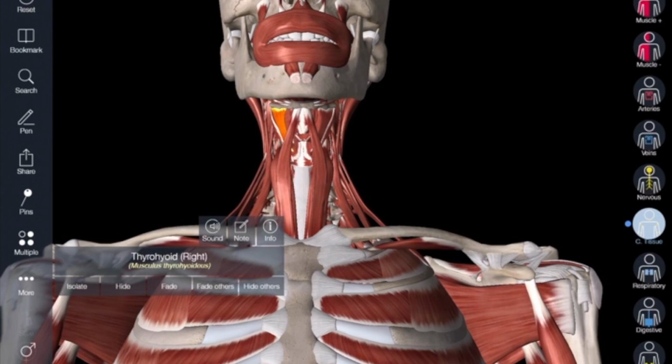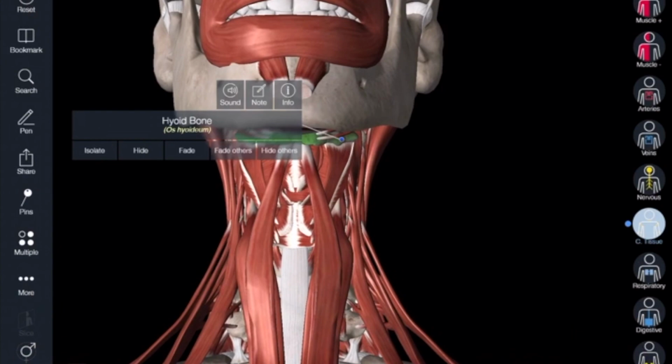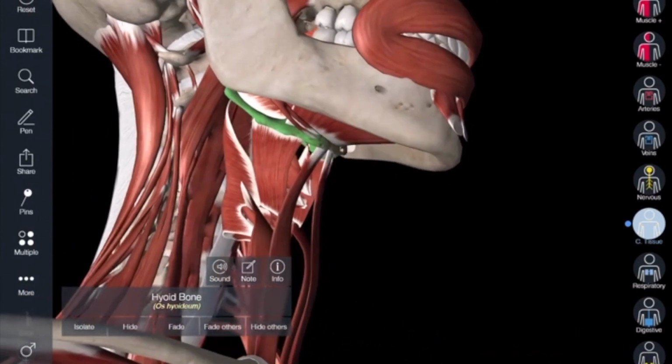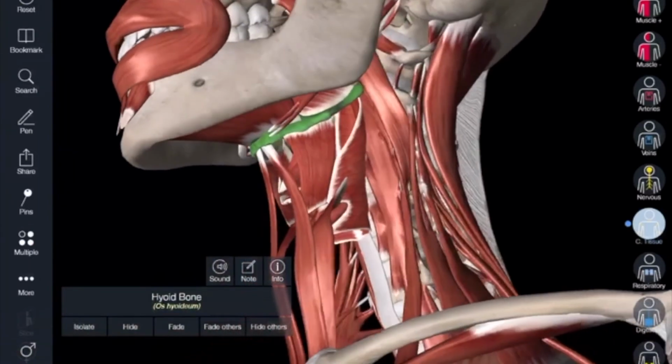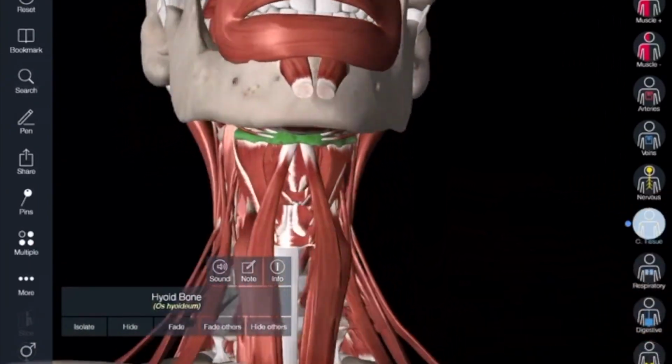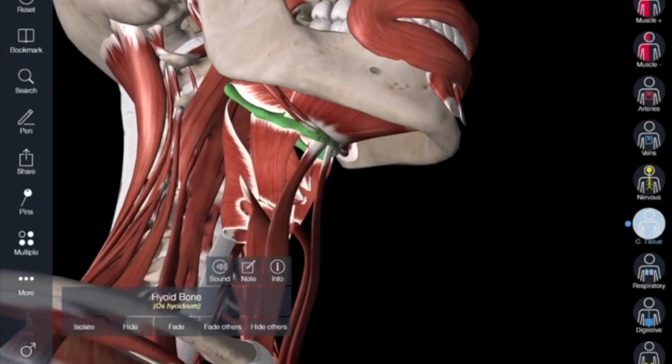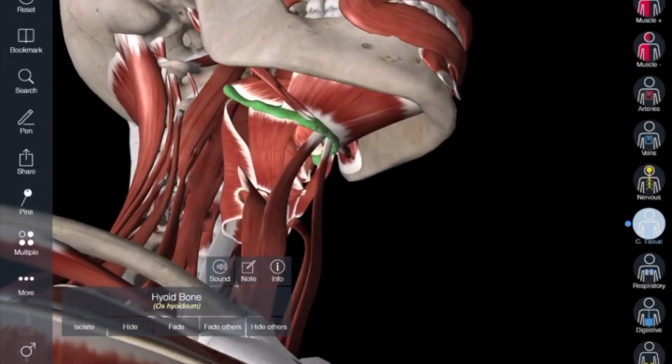The hyoids stabilize the hyoid bone, and the hyoid bone is right there. It does not articulate with any part of the skeleton, and therefore it needs that stabilization because the base of the tongue attaches to it. So let's see, what else about the hyoids? The suprahyoids stabilize the hyoid bone from above.